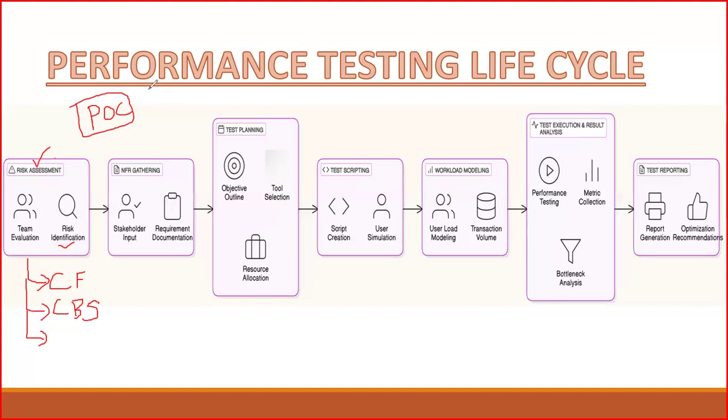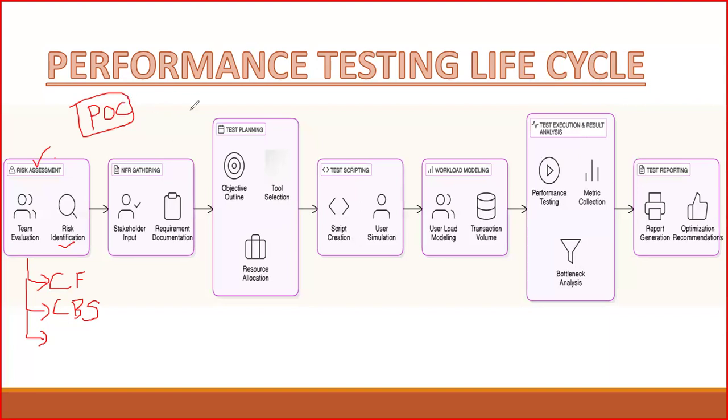Somewhat it is right, but at a high level, I can say it is tool identification. Finally, at the end of the stage, we are going to do tool identification here. So let us say some project is already there, some website is already in production.